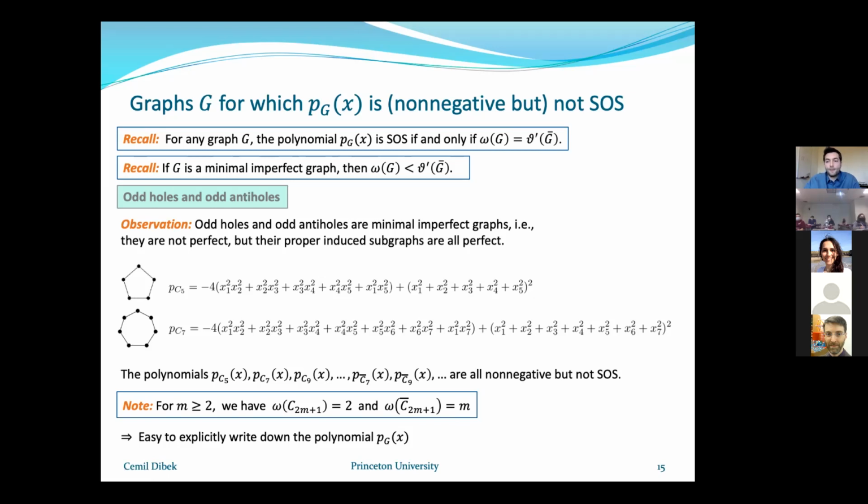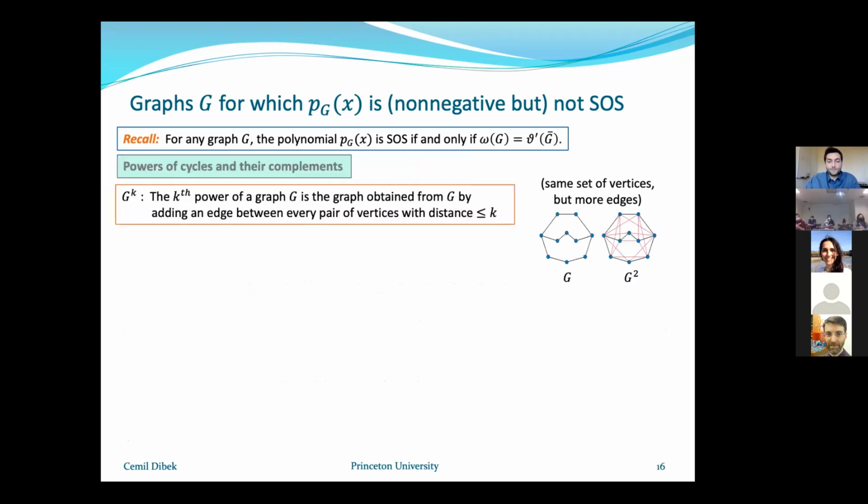Okay. Let me show you a little bit more interesting graph family. This is powers of cycles and their complements. But let me first define what I mean by power, because it may mean different things in graph theory. So the kth power of a graph is the graph obtained from G by adding an edge between every pair of vertices within distance at most k.